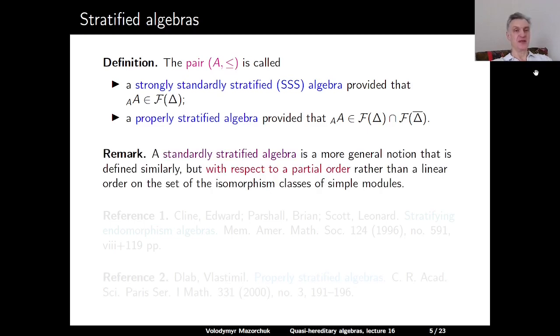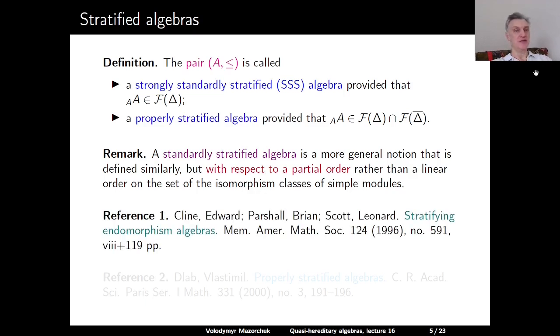Remark: the general stratified algebras, so standardly stratified algebras, are a more general notion which is defined with respect to a partial order on the set of representatives of the isomorphism classes of simple modules. In this lecture we will discuss only linear orders, and this gives us strongly standardly stratified algebras or properly stratified algebras respectively.